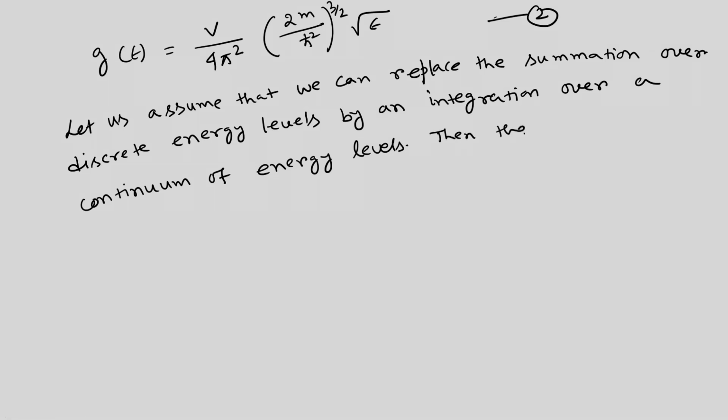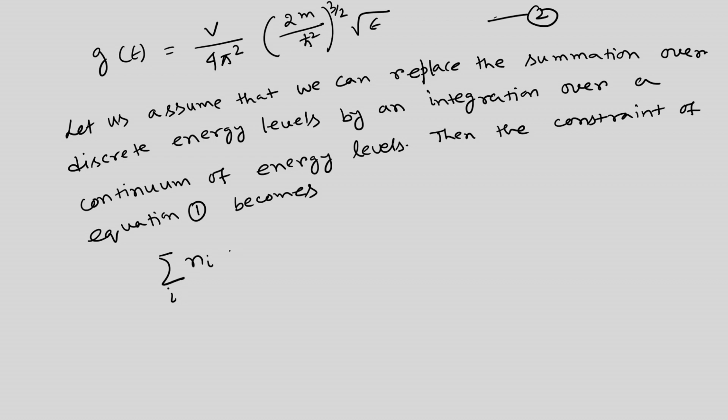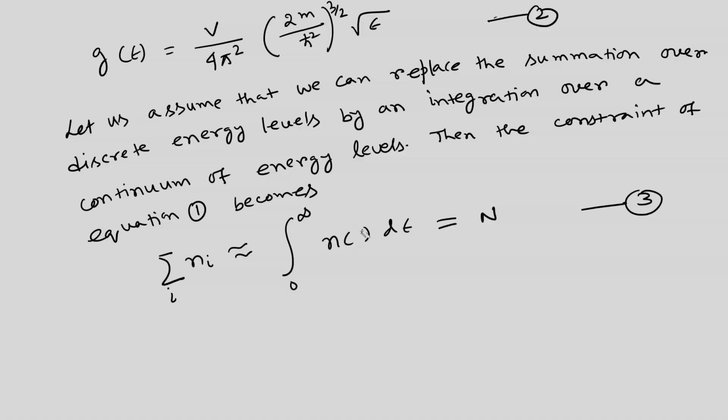Then the constraint of equation 1, sum over I n I equals capital N, becomes sum over I n I approximated to integral 0 to infinity n epsilon d epsilon, and we represent this as equation number 3.